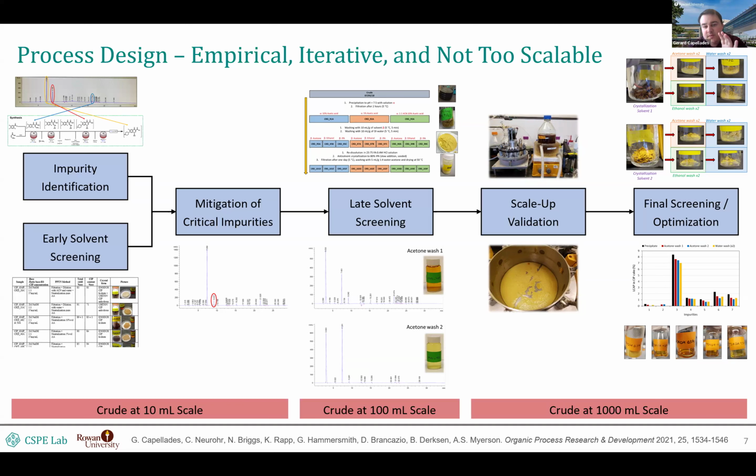And while this may be an effective way to design a purification process, it's not always the safest option, right? You're trying different solvents, and the outcome that you're measuring is basically how much of an impurity ended up in the final product.